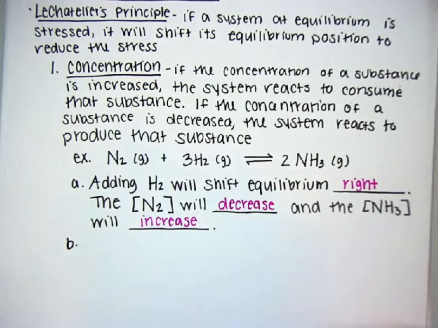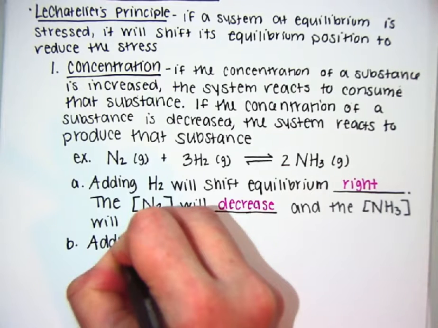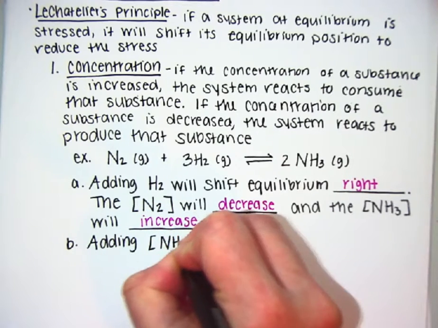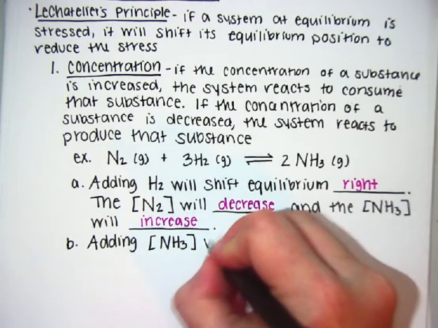Let's look at another. What happens if we add ammonia? Adding NH3, or increasing the concentration of NH3.